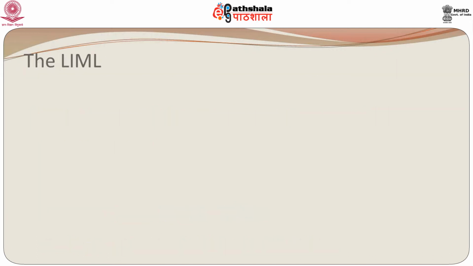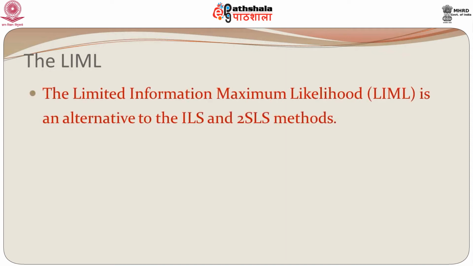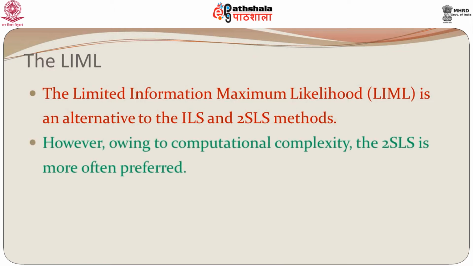Now, what is the LIML method? The limited information maximum likelihood is an alternative to the ILS and the 2SLS method. Remember, both ILS and 2SLS methods are also single equation estimation methods. So, this is a third alternative single equation estimation method. However, owing to computational complexity, the 2SLS is very often preferred.